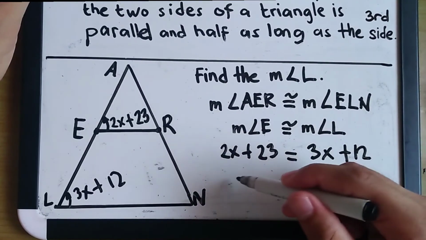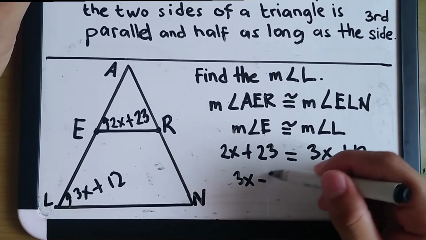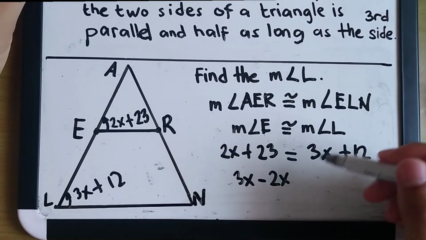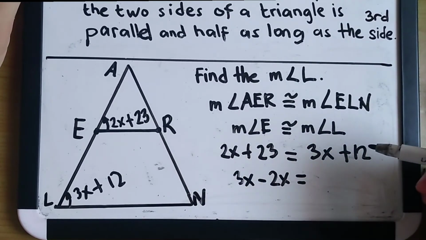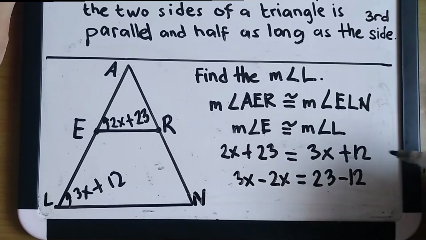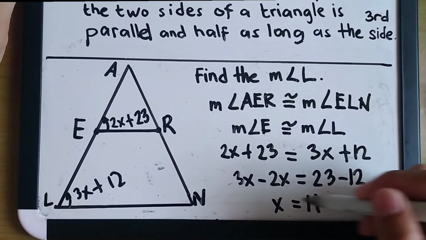Now we will use simple algebra. 3x minus 2x is equal to 23 minus 12. So the value of our x is equal to 11.